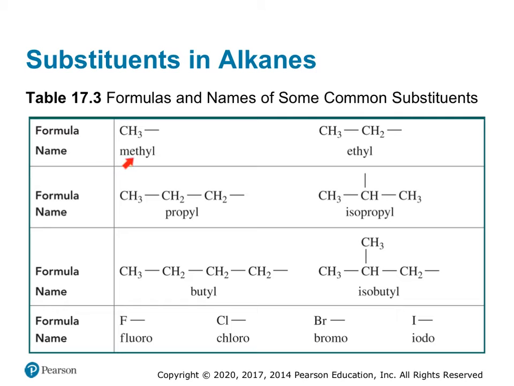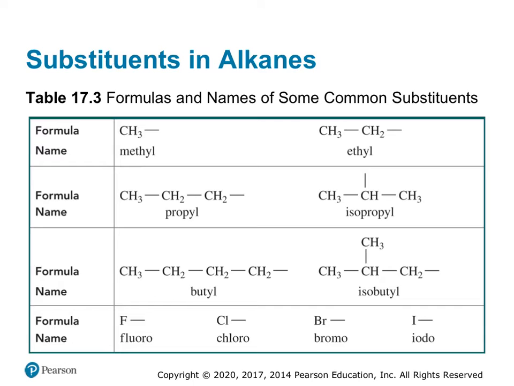So we have the methyl group we just looked at with CH3. We have the ethyl group, which is a CH3 and then a CH2, 2 carbons, and instead of ethane, it's known as ethyl. If we have 1, 2, 3 carbons, then that is known as propyl.